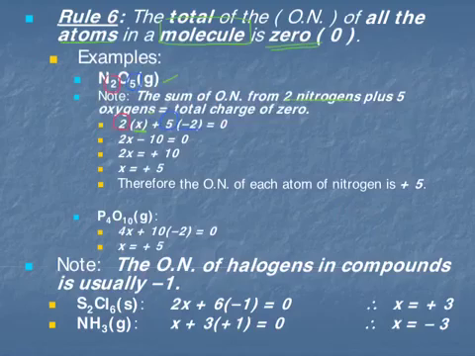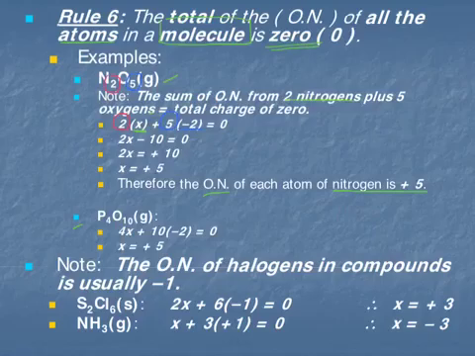So now we can simplify our math. We have 2x minus 10 equals 0, and then solve for x. X is 5. So the oxidation number of nitrogen in dinitrogen pentoxide is positive 5.